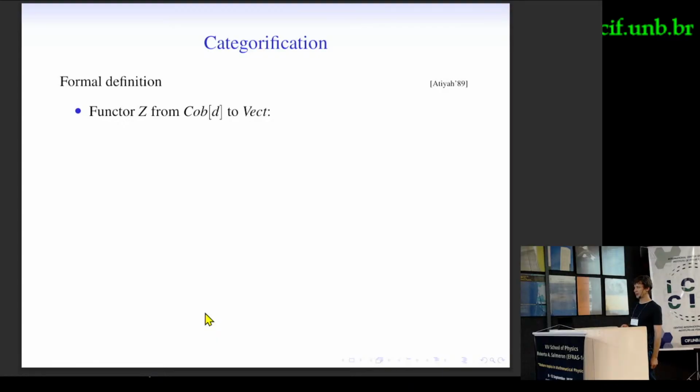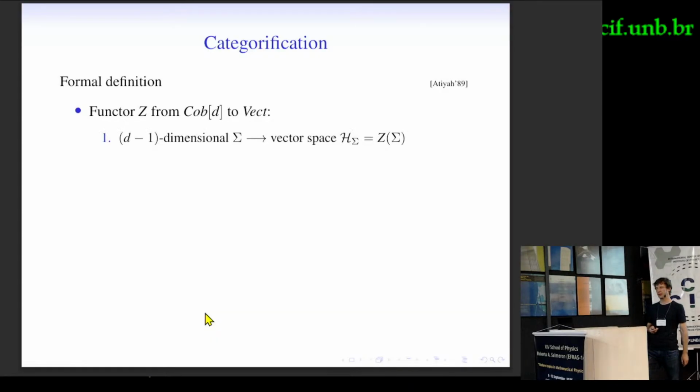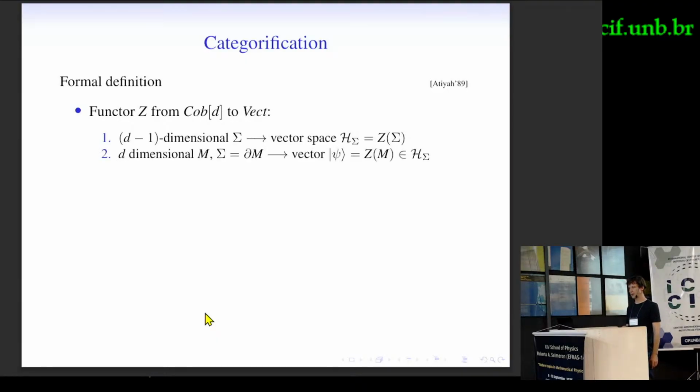This functor will take a d-1 dimensional surface sigma and map it to a certain linear space. And this linear space we'll later understand as the Hilbert space. And then if you go one dimension higher, a d-dimensional manifold M, whose boundary is sigma, will be mapped to a vector in the image of sigma.